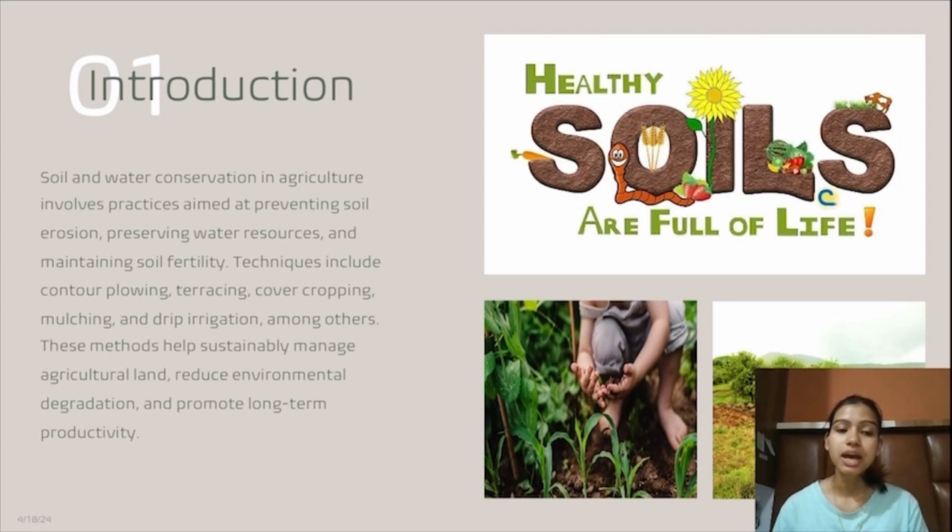If soil has proper nutrition and water availability, it will be fertile and healthy for any crop to grow. Techniques include contour plowing, terracing, cover cropping, mulching, and drip irrigation, among others. These methods help sustainably manage agricultural land, reduce environmental degradation, and promote long term productivity.